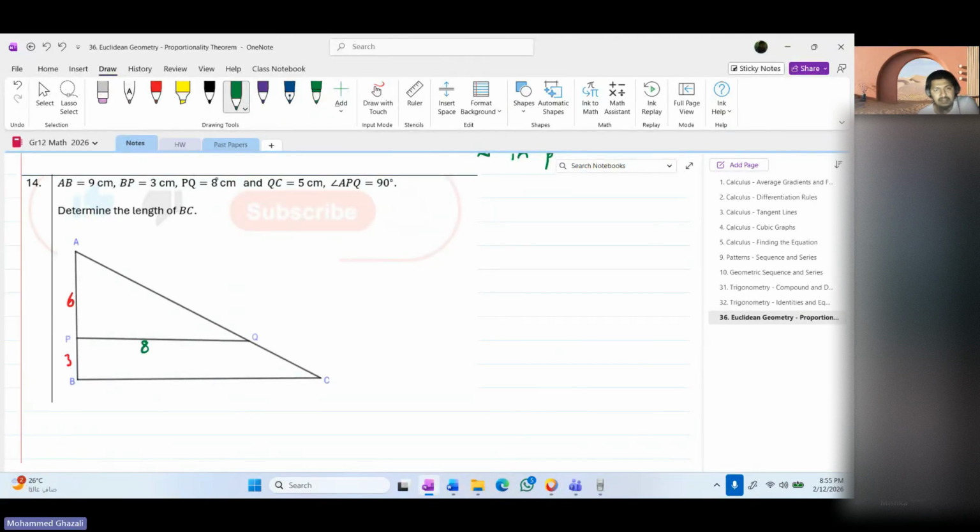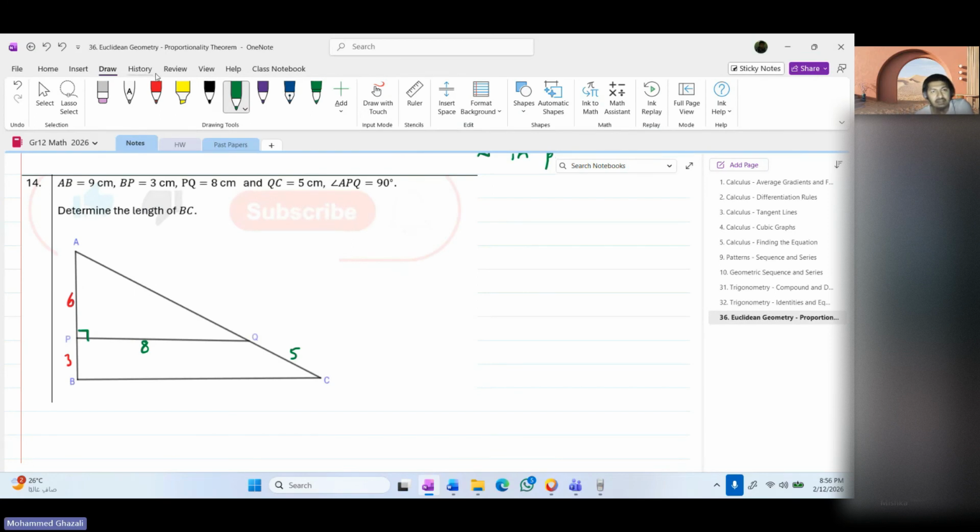Looks like we've solved a problem like this before. QC is 5. Angle APQ is 90. Determine the length of BC.